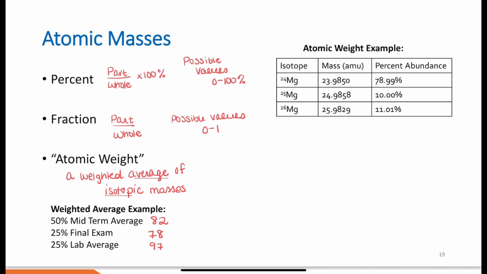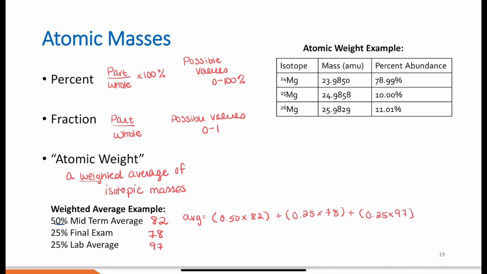If I wanted my class average, so I wanted my grade, I would say, okay, well, let's actually start with 0.5. I was looking at the wrong thing. 0.50 times 82 plus 0.25 times 78 plus 0.25 times 97.